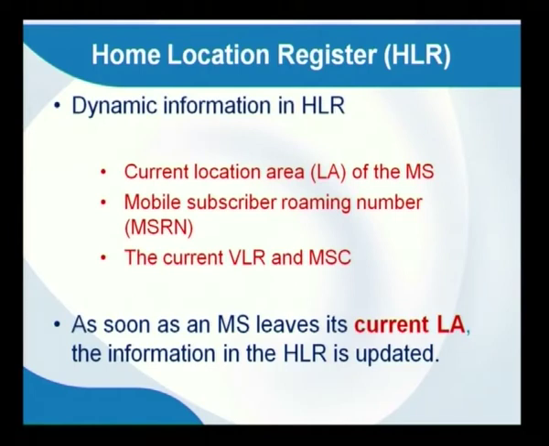So, as soon as the MS, that is the mobile station or the wireless user, leaves the particular LA, that is the location area, which is referred to as the current location area, that information is updated. The HLR for an individual user is unique, that is, for a single user there will be a single HLR.